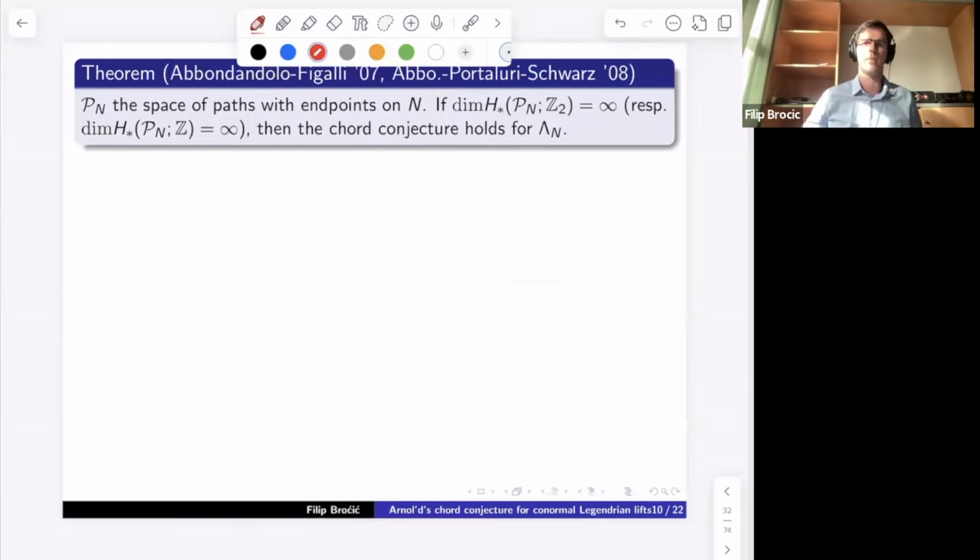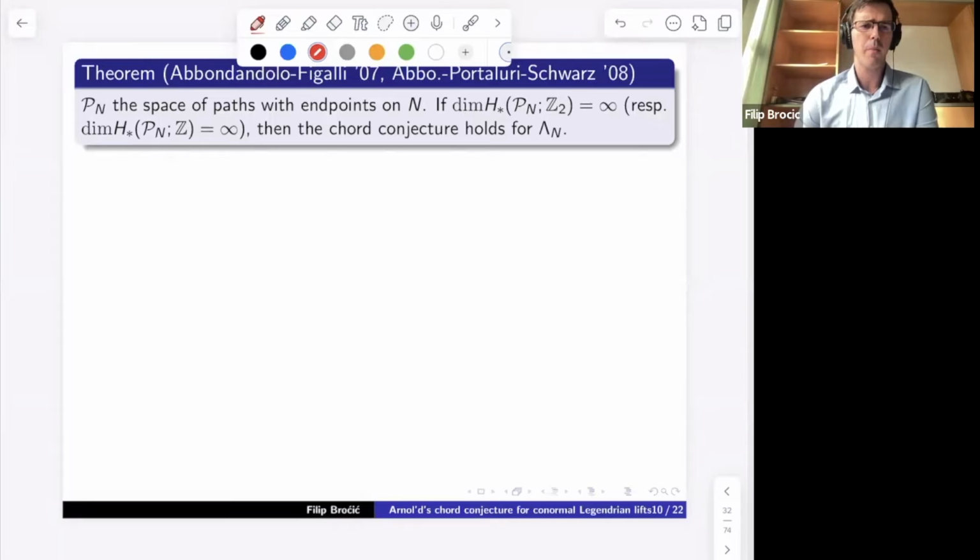Okay, now I'll switch to the cases which are related to our result. So the cases which are proving the chord conjecture for the conormal Lagrangians, or the conormal lifts of submanifolds inside of the cotangent bundle. The first result, which is actually in two separate papers, due to Abbondandolo and Figalli and separately due to Abbondandolo, Portaluri, and Schwarz, is the following.